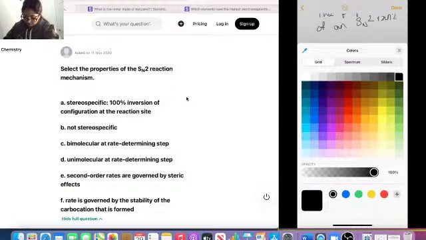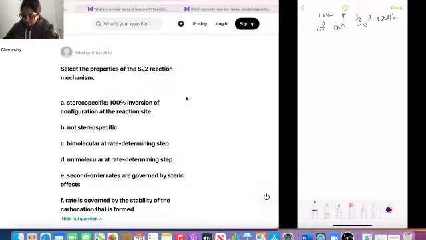An SN2 reaction is a stereospecific reaction, that is, different stereoisomers react to give different stereoisomers of the product.